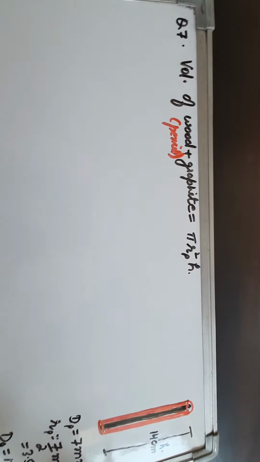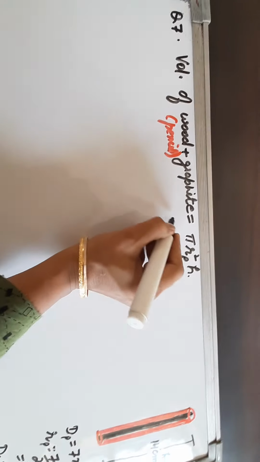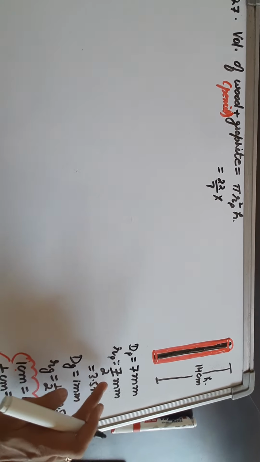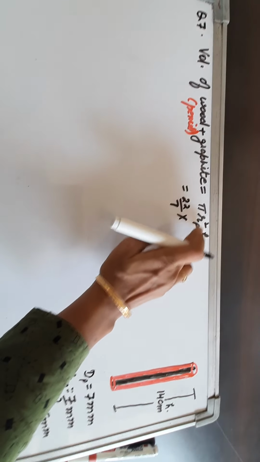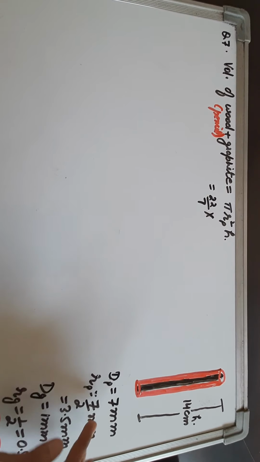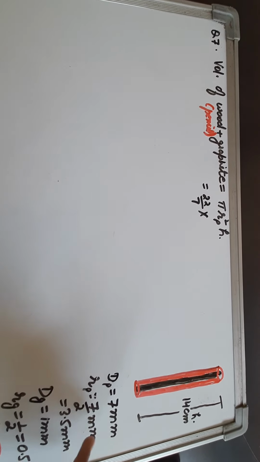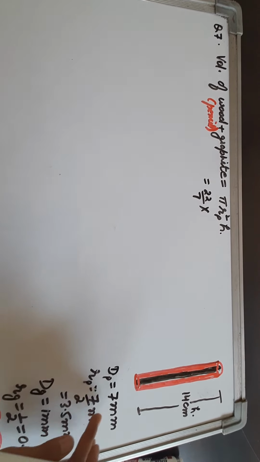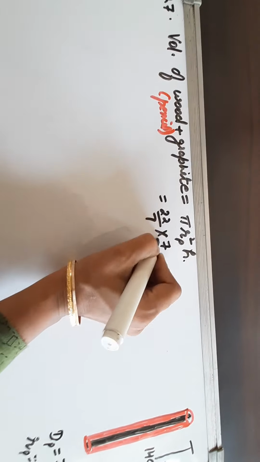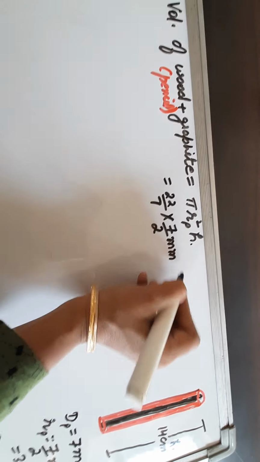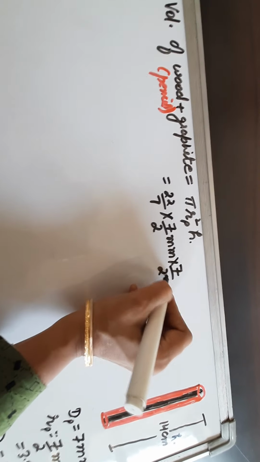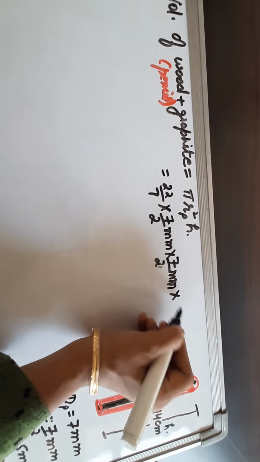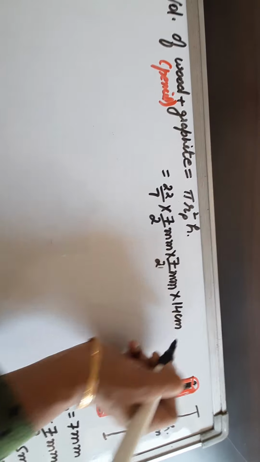So let us calculate it. 22 by 7 into the radius of the pencil. As I told you, whenever the radius is in multiplication, put the fractional value, but if it is in addition or subtraction, then put the decimal value. So we will write 7 by 2 millimeter into 7 by 2 millimeter. But the height is given in centimeters, that is 14 centimeter.